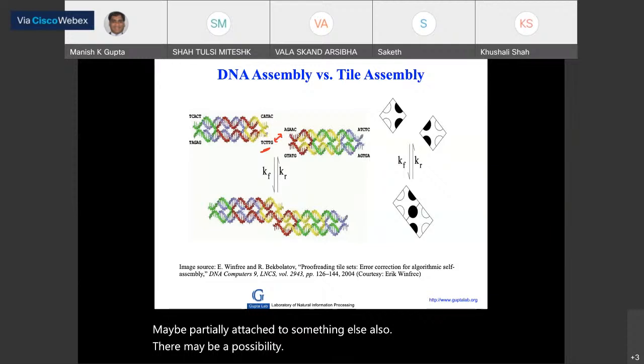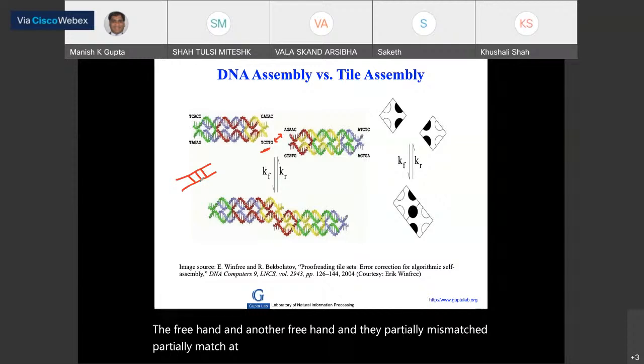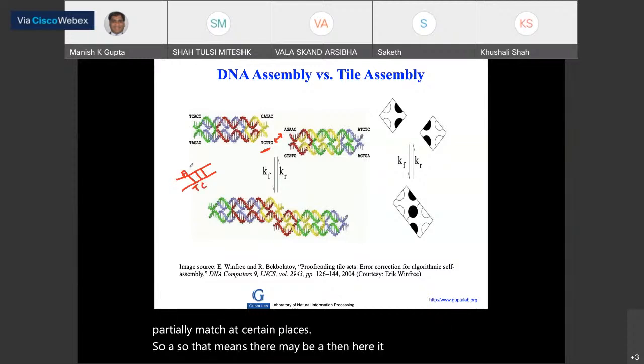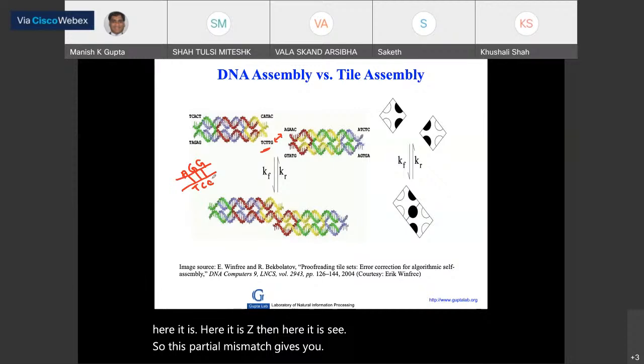Okay. So because of ACGT, the free hand and another free hand, they partially match at certain places. So that means there may be A, then here it is T, here it is C, then here it is G, here it is G, then here it is C. So this partial mismatch gives you attachment, and that creates an error.